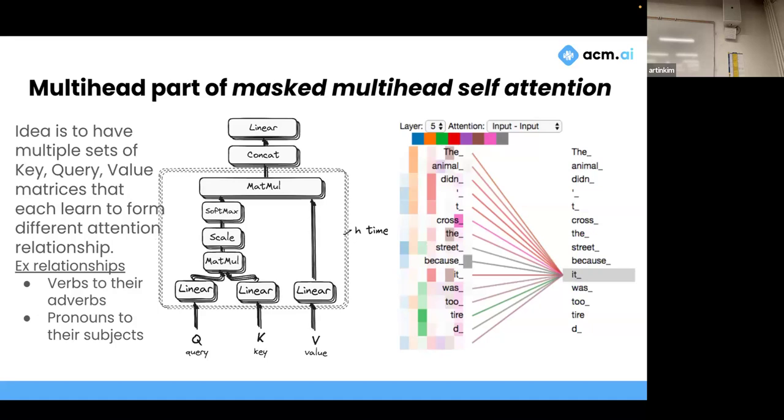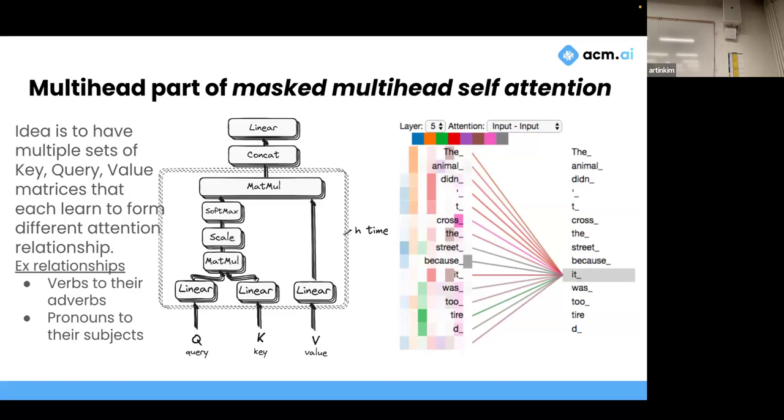And again, the first color I showed was orange, and I said the animal, but each head learns how to arrange the queries, arrange the keys, arrange the values in a way that they learn to combine in different ways. So one might be trying to combine verbs with their adverbs. One might be trying to combine pronouns to the subjects they correspond to and things like that, right?